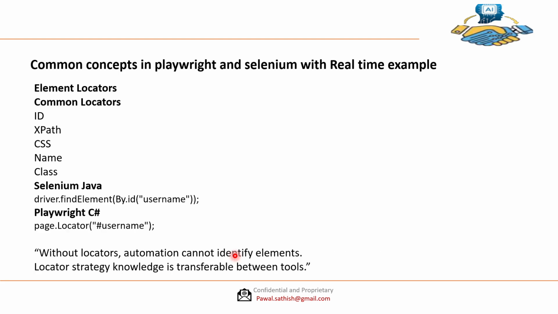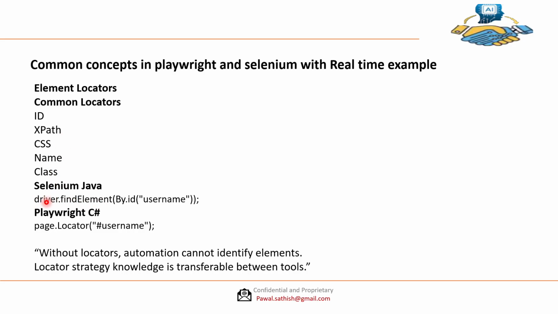The next is element locators. In Selenium with Java, we have ID, name, XPath, CSS, and class name, and we identify the object using these common locators. In the same way, Playwright also has common locators.